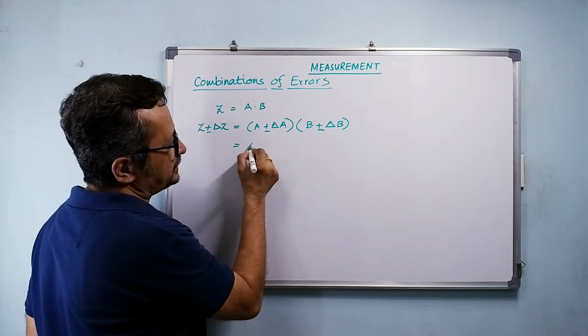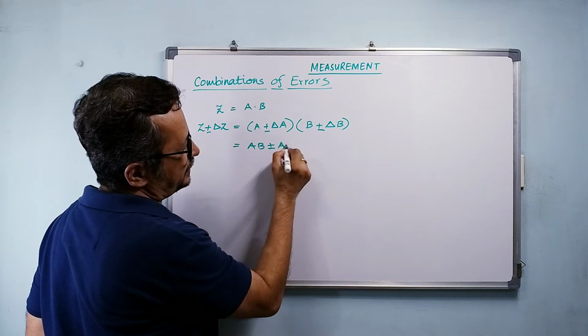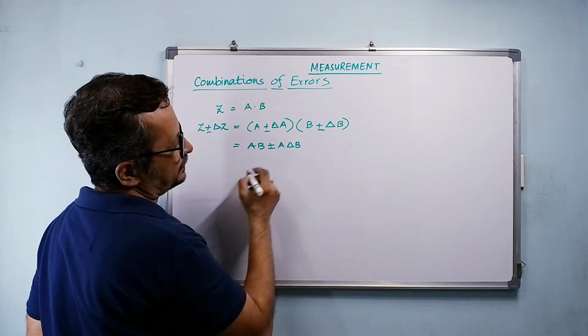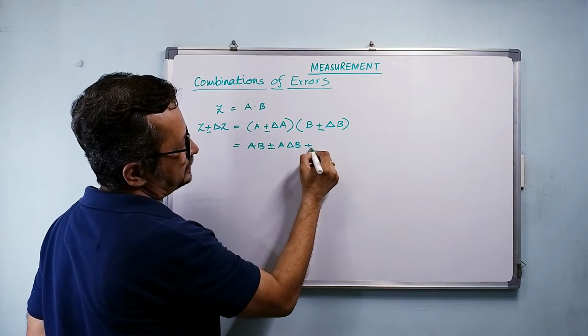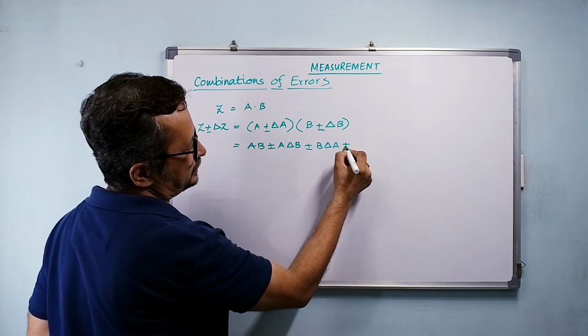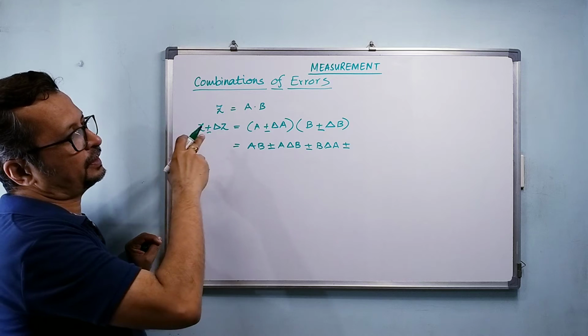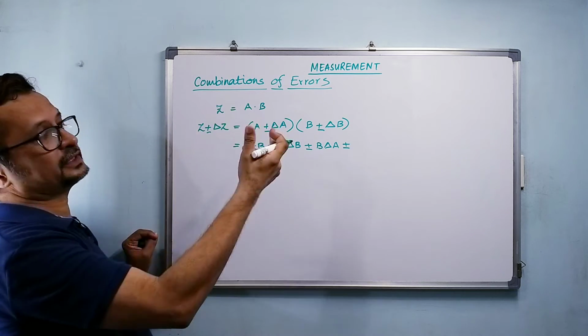So if I expand this, it would be AB plus or minus A delta B plus or minus B delta A and plus or minus delta A delta B, with the combinations of signs.